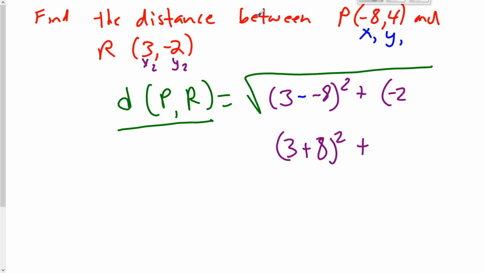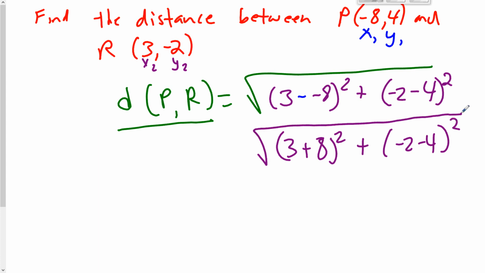And then I'd be subtracting my y's. So my first y, y1, which would be I'm subtracting 4. And then squaring it. So just -2 minus 4. That'd be -6, right? And then after I square those and add them together, I'm going to root them. So I can add these, I can get 11 squared, and then plus here -6 squared.